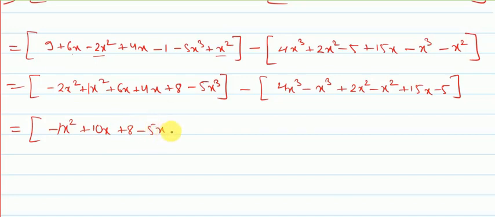Minus 5x cube, minus here 4x cube, here minus 1x cube, so we get 3x cube, 4 minus 1. Then plus 2x square minus 1x square, so 2 minus 1 you get 1, and 15x minus 5.